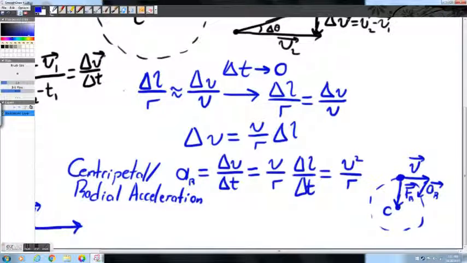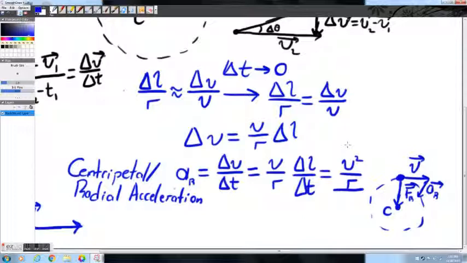So, an object moving in a circle of radius r, at constant speed v, has an acceleration whose direction is toward the center of the circle and whose magnitude is v squared over r. And what this formula means is that the greater the velocity of the object, the greater the acceleration that must be applied to it to cause it to follow the curved path. Because the change in velocity that causes it to curve around the circle must occur quicker because the object is moving faster.